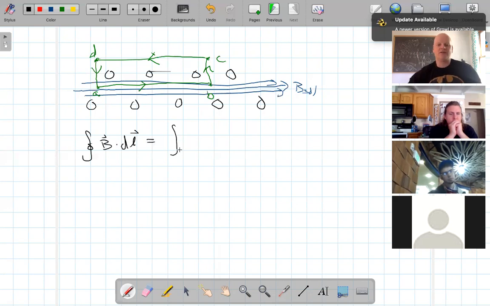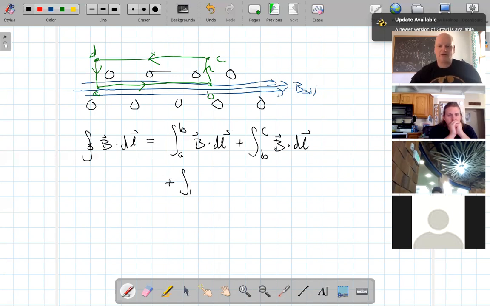This is equal to the integral from A to B of B dot dl, plus the integral from B to C of B dot dl, plus the integral from C to D of B dot dl, and finally plus the integral from D to A of B dot dl.